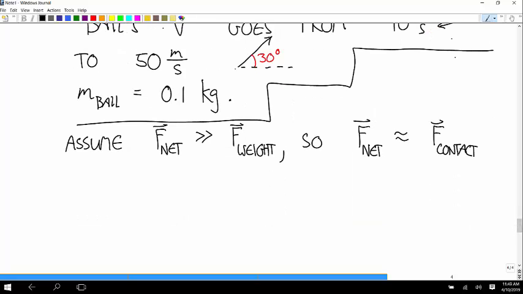So what we have to do is first calculate the momentum of the ball at instant 1 and instant 2.